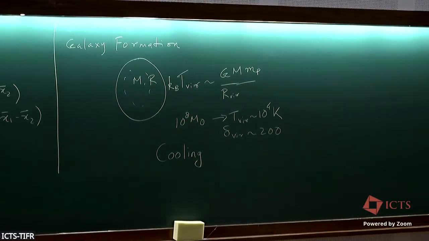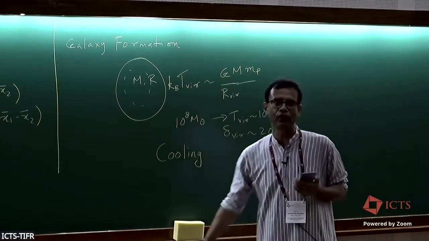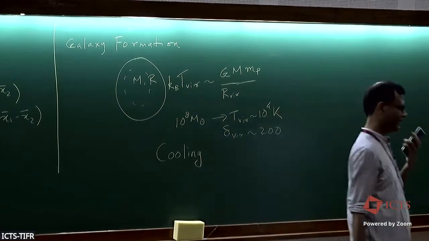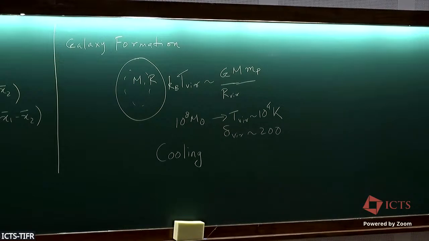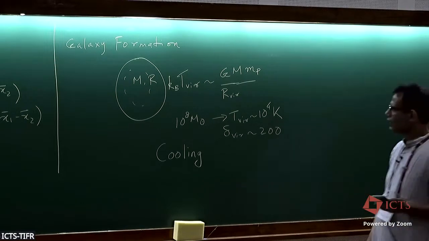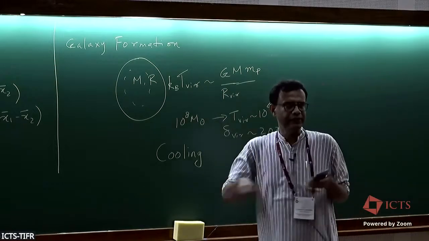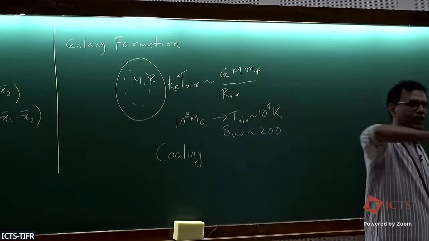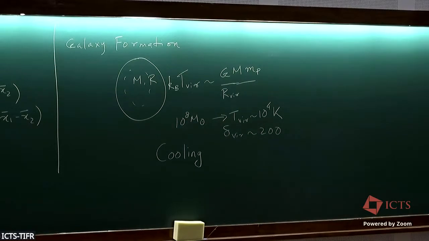Now there are various ways of cooling, but the one which plays a role in star formation is something called collisional cooling or cooling followed by collisional excitation. So for simplicity, let us assume that the gas is made up of hydrogen entirely. Then what you need to do is, let us say the hydrogen is in the ground state, the electron is in the ground state of the hydrogen atom.